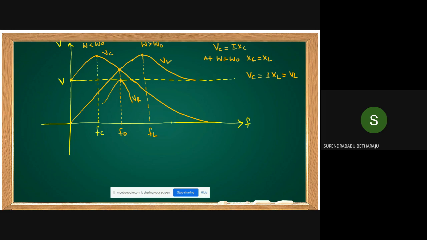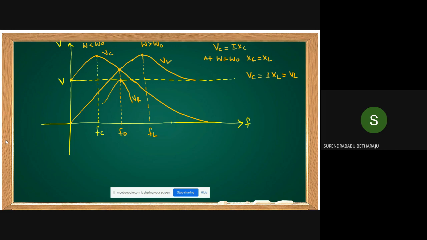If you want that observation, students, see for example, if you take the inductor or the capacitor. First I am explaining the inductor; you can try for the capacitor also.